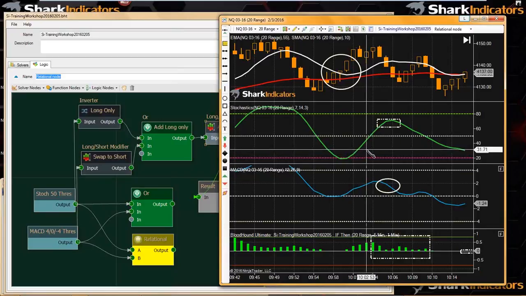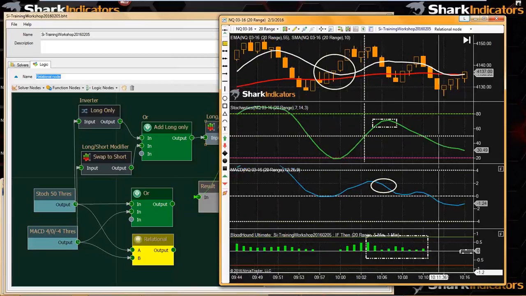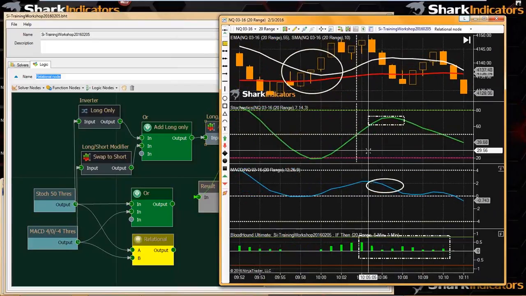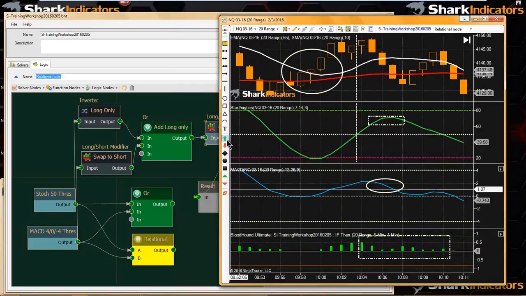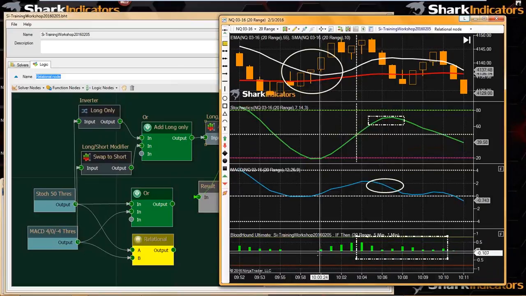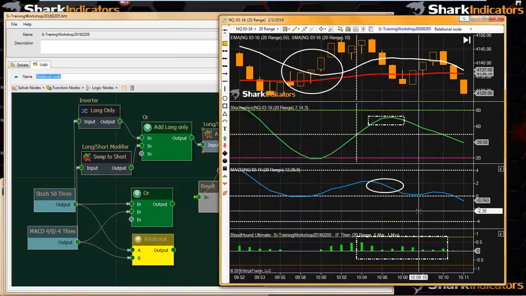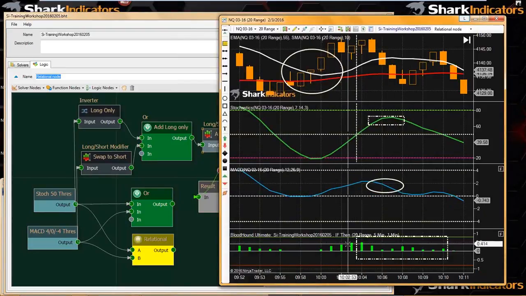All right, trying to get things lined up. If we look at BloodHound's output here, we can see the long side is rising, even though I switched this over to do subtraction, so it's doing a difference here. But still the output's rising.